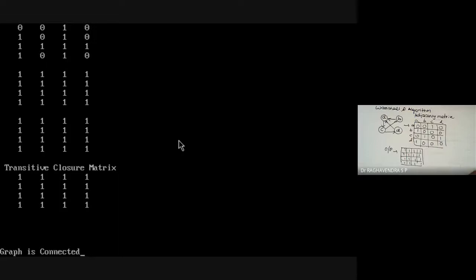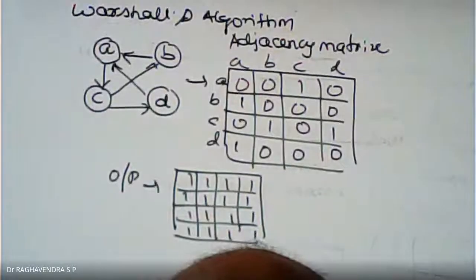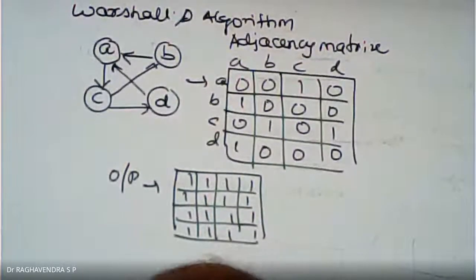So next we shall go for the next algorithm, Floyd's algorithm. Floyd's means the all pairs shortest path problem. So this is also there in your syllabus. I'm going to consider Floyd's algorithm now.